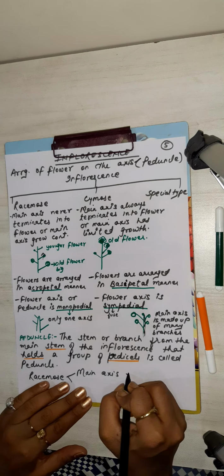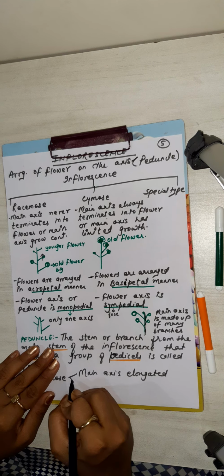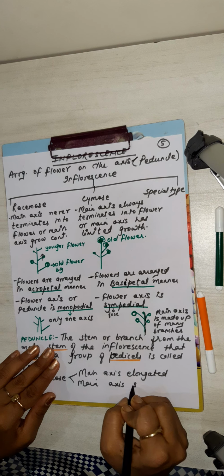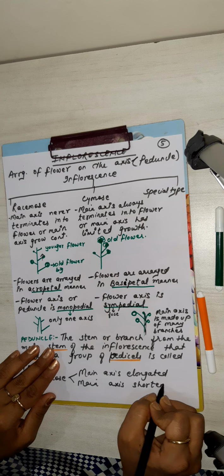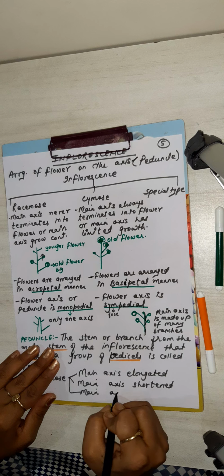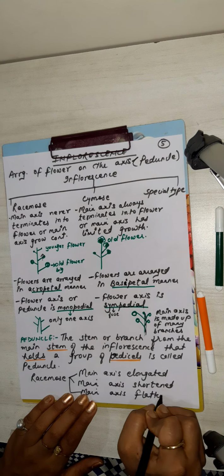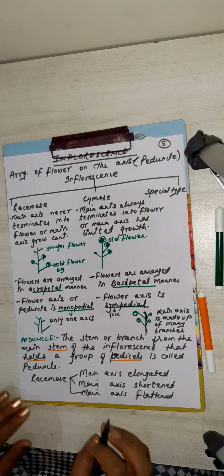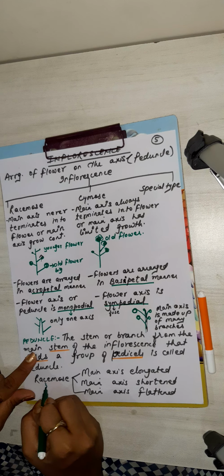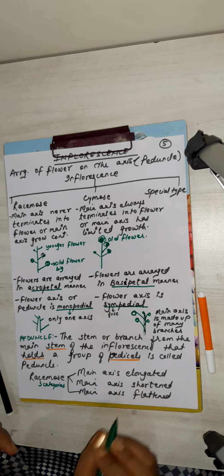So three categories. Now we will discuss main axis elongated.